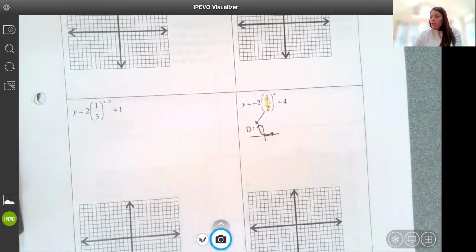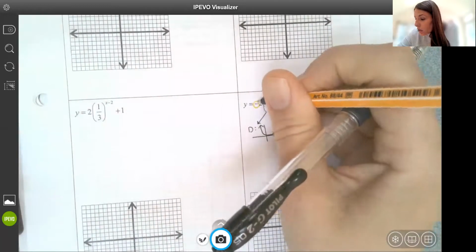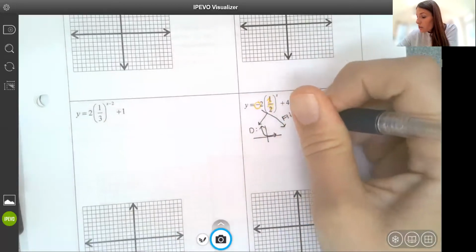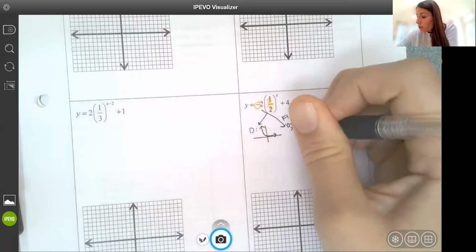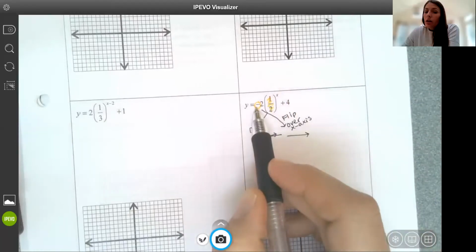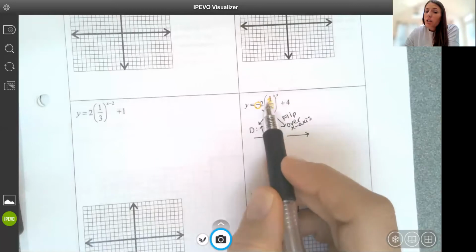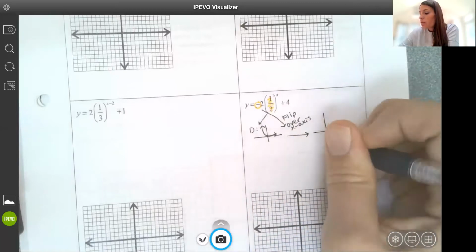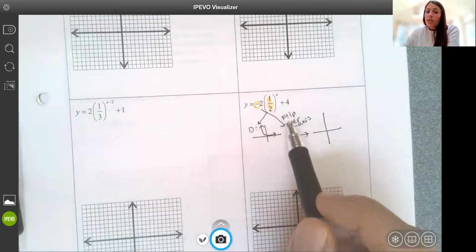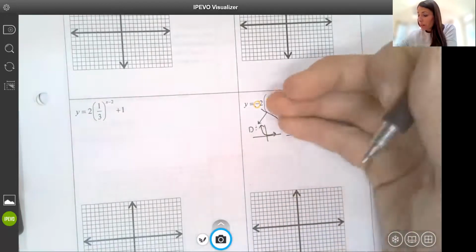And so anytime I see a flip, I go ahead and draw that into the shape of my graph. So this negative out front is going to flip it over the x-axis. Anytime I see a negative either in front of my function or in my exponent, I want to draw what that means for how my graph will look. So I know it's decay because of that base, but it's going to be decay flipped over.